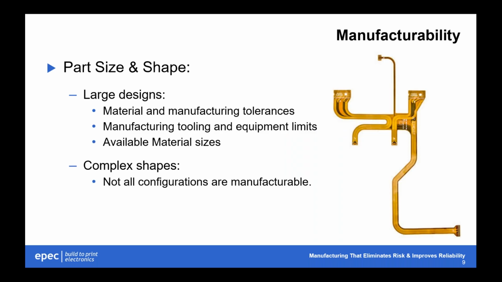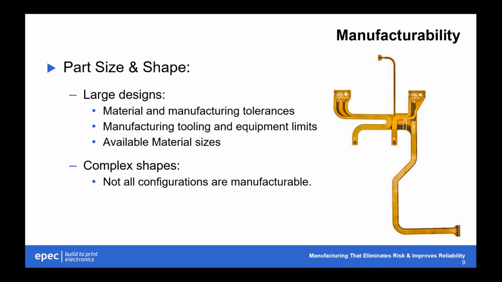The next element of manufacturability that we encounter deals with the size of the part and the shape. Excessively large designs can create some significant challenges and in some cases may not even be manufacturable. Large designs will bring into play a significant amount of material and manufacturing tolerances, which may not allow for layer alignment and may cause assembly issues.